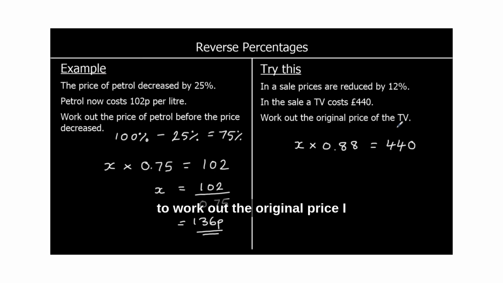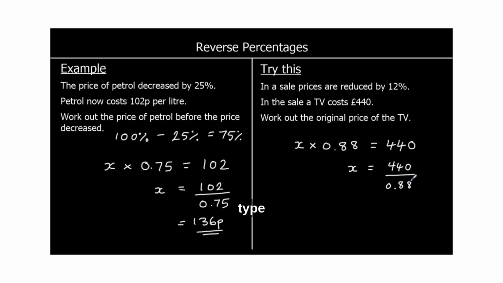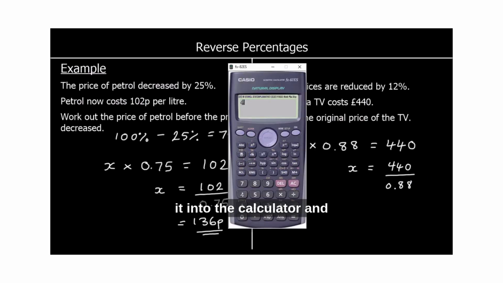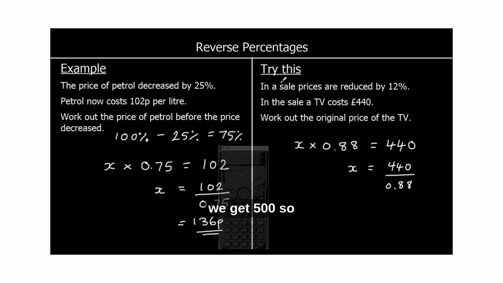So to work out the original price, I divide both sides by 0.88. So 440 divided by 0.88. Type it into the calculator, and we get 500.